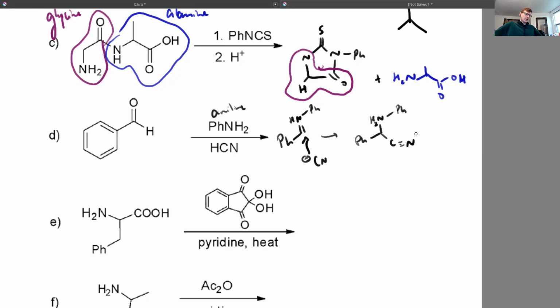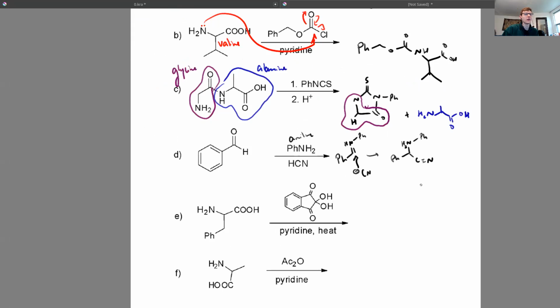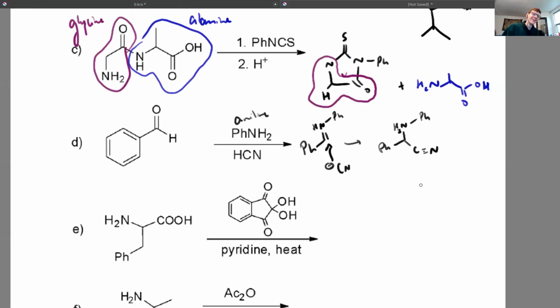Cool. Yeah, I think so. Maybe something went wrong here, because with Strecker, normally don't we get an imine and then the nitrile and then you hydrolyze the imine? Oh, no, this is right. Yeah, it is. Okay. We'd have to add acid after that. Yes, you're right.